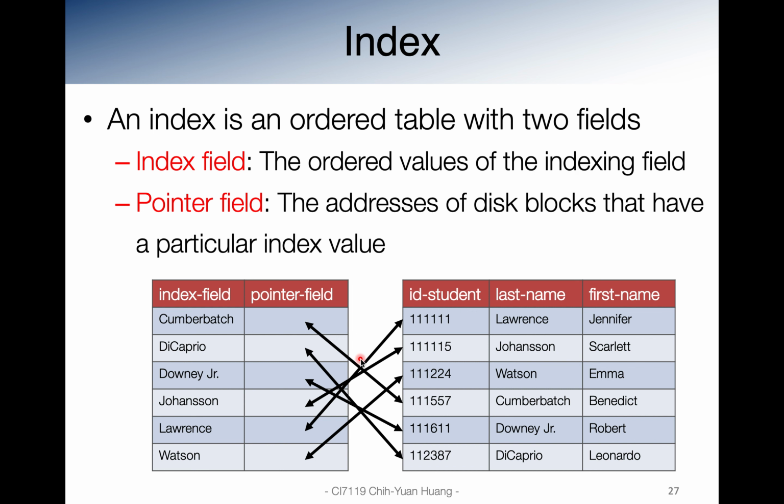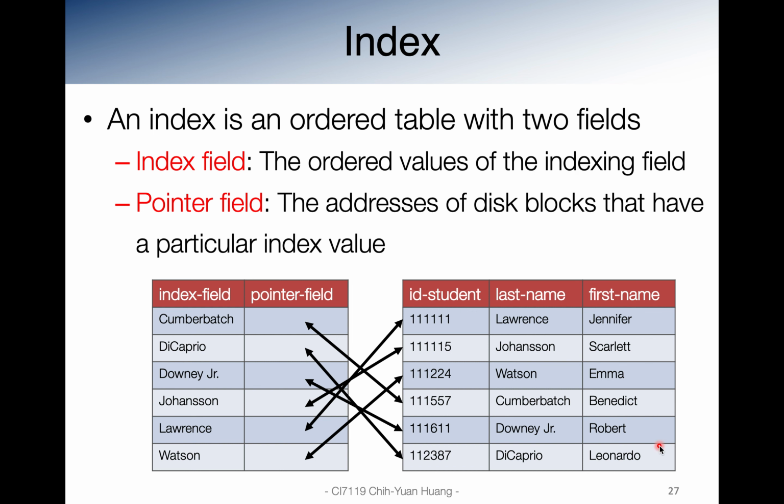You can choose to build the index on any attribute that you want. If you feel that this is an attribute that the user may set some query criteria on, then you can build indexes on multiple attributes of this table. For example, we can build an index for the last name, and we can also build an index for the first name as well.